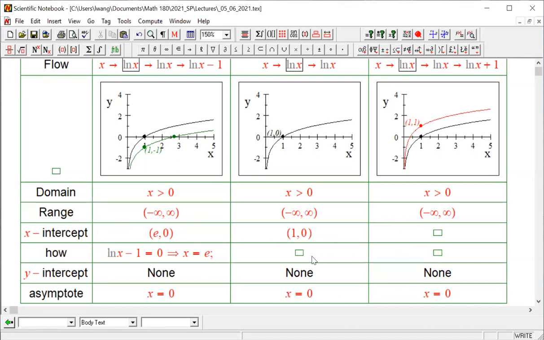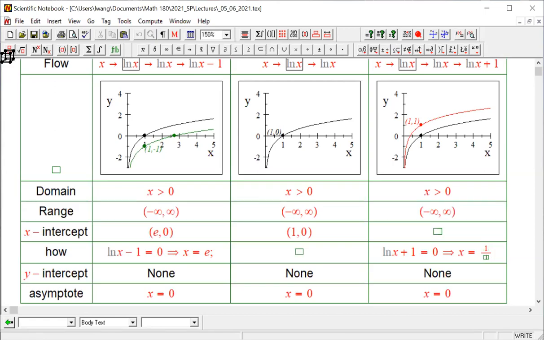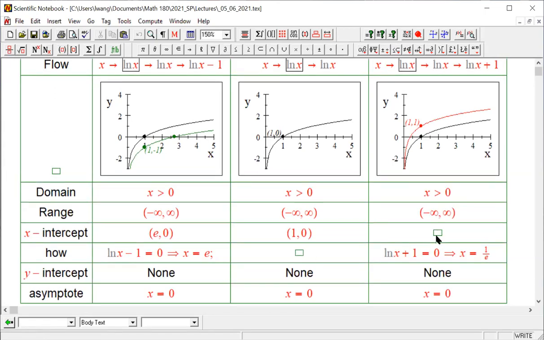So now let's look at the next one. What will be the X-intercept for ln x plus 1? You will still set y equals 0, and you will find x equals what? 1 over e, excellent.